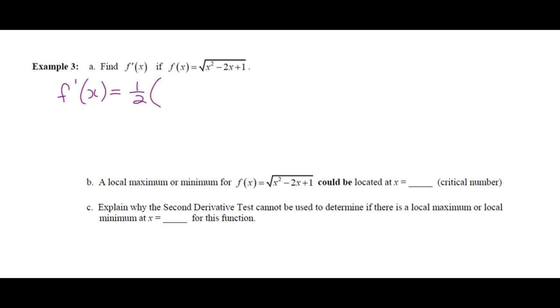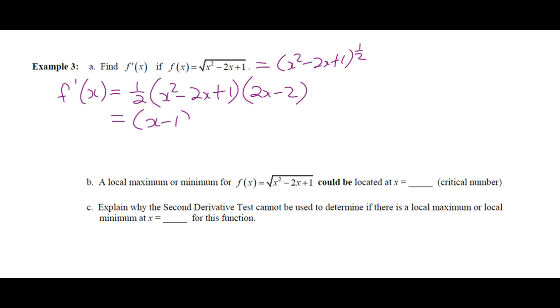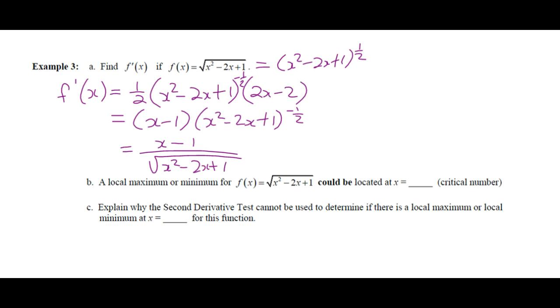What do we got? We got a half. Then we got x squared minus 2x plus 1 to the negative a half, and then we got the derivative of the inside.